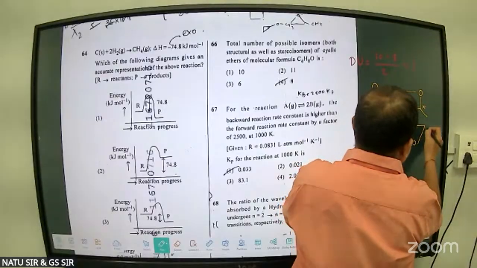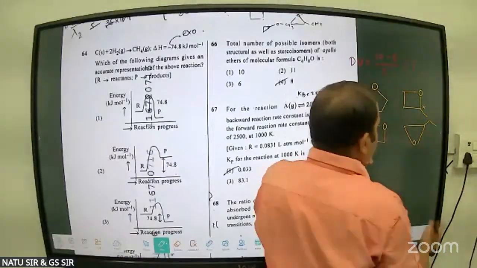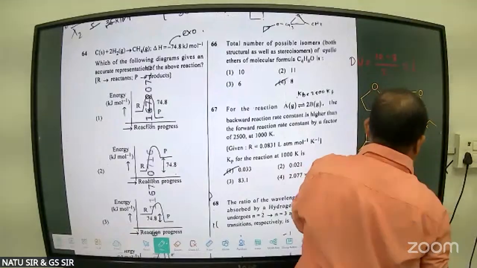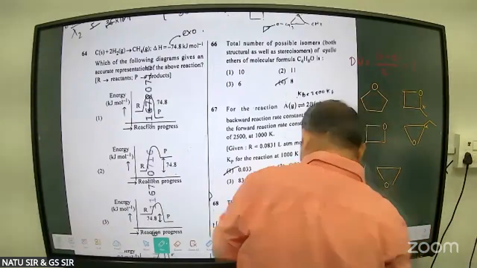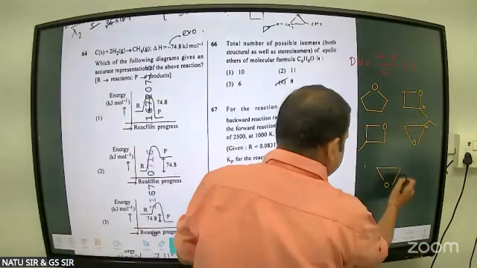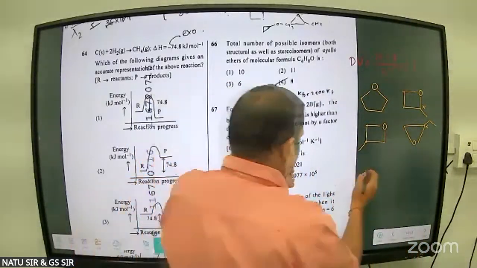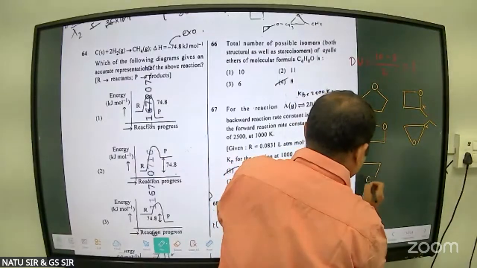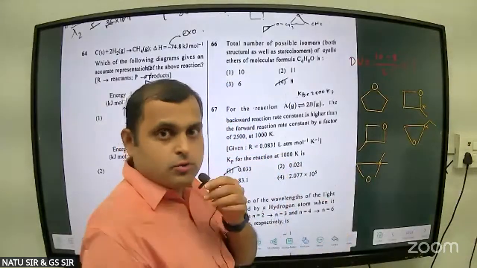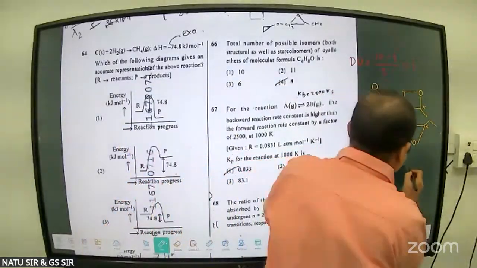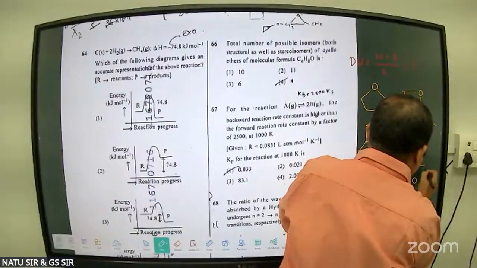two carbon atoms outside. So the first one is this ethyl group and this one is a methyl. Then we will attach two methyl groups on the same carbon atom. This is also having no chiral carbon. And the last is very important.